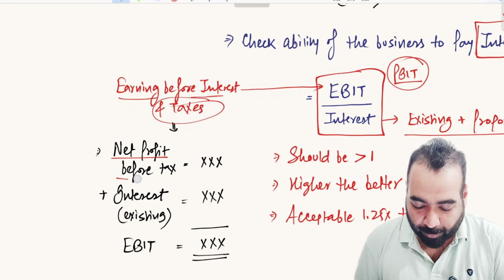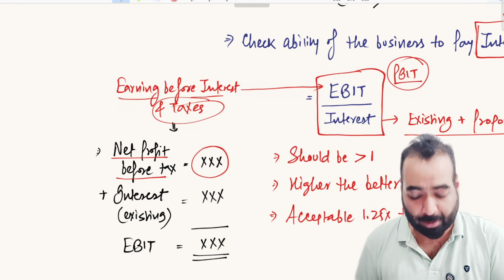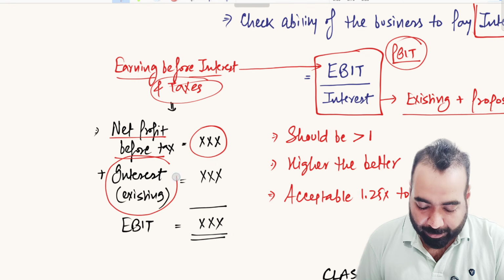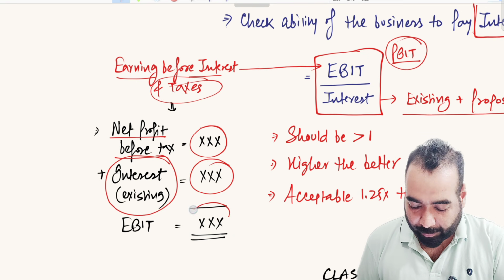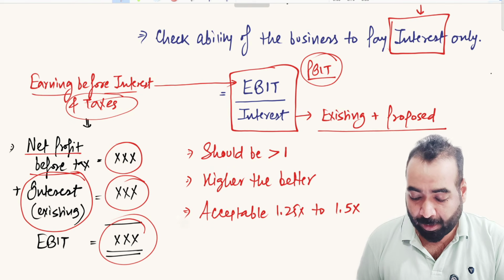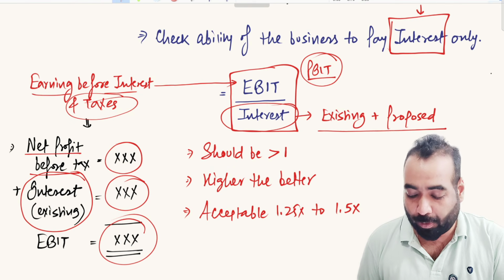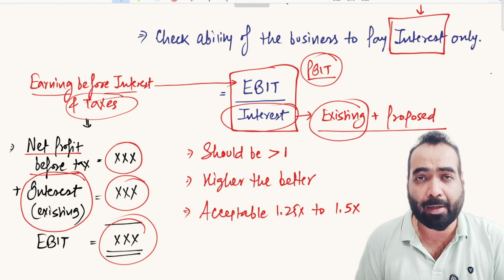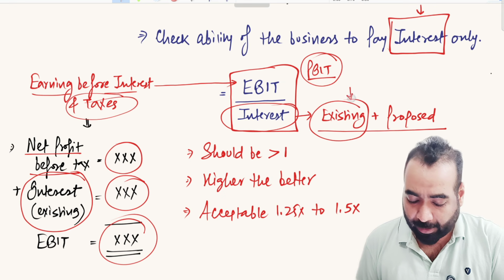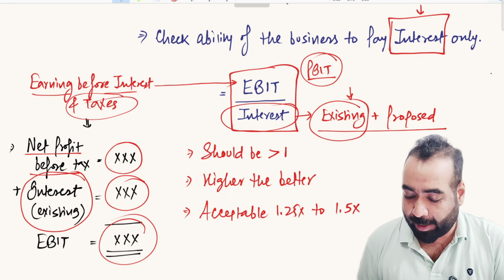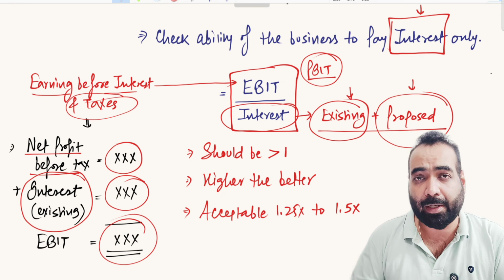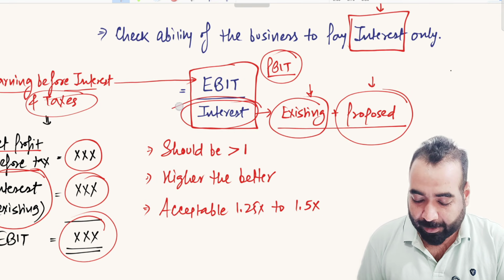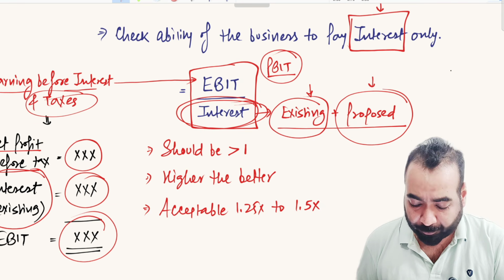You take net profit before taxes from the profit and loss account and add back the interest that is debited in the profit and loss account, then you will get your EBIT figure. Interest amount includes that of your existing debt, which you can see from the profit and loss account itself, and for the proposed loan that you are giving, the interest that will be paid on that proposed loan in the next 12 months will be taken here as well.